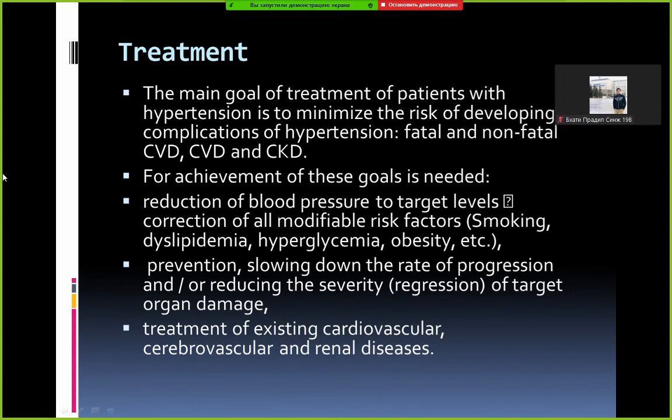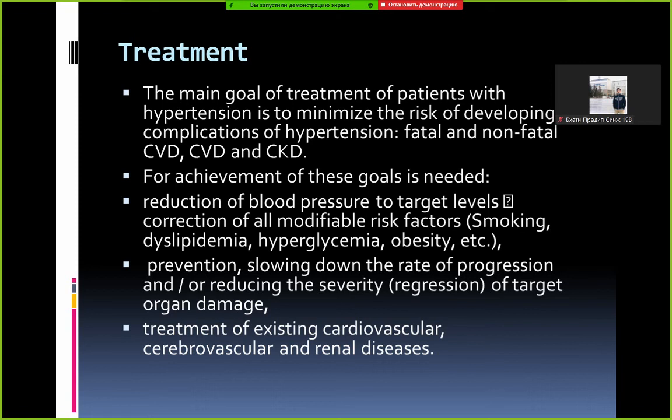Principles of treatment. The main goal of treatment of patients with hypertension is to minimize the risk of developing complications of hypertension, such as fatal and non-fatal cardiovascular events, and development of chronic kidney disease.